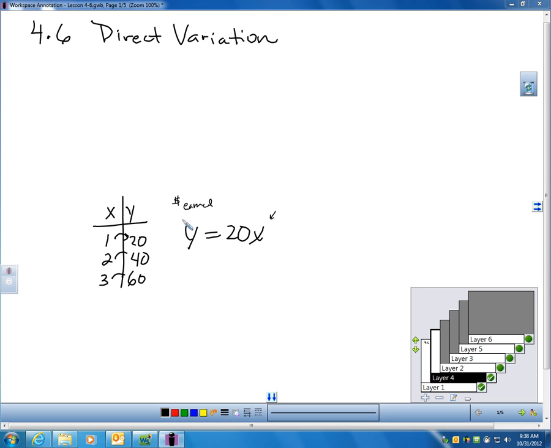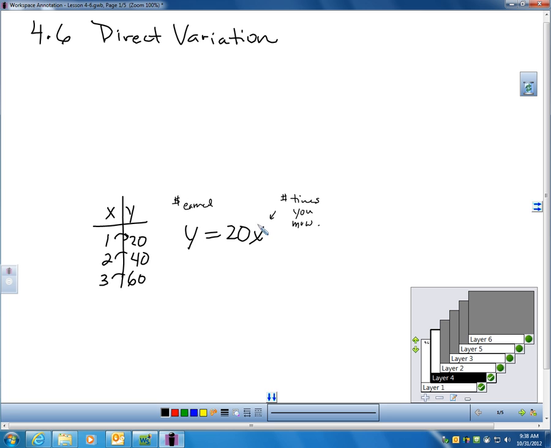Okay? Well, an equation that would demonstrate that situation would be here, where y is the dependent variable, the money that you would earn, and x is the independent variable, the number of times you mow. I think you would understand this situation pretty easily.